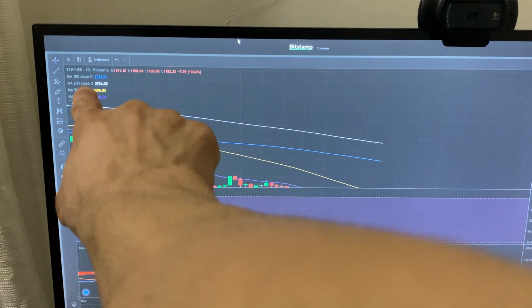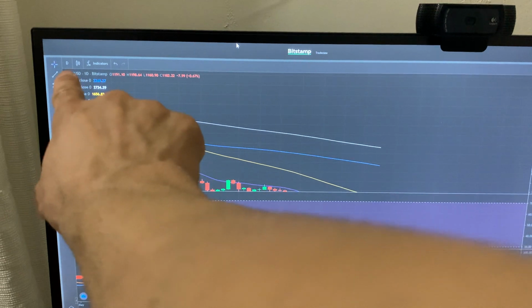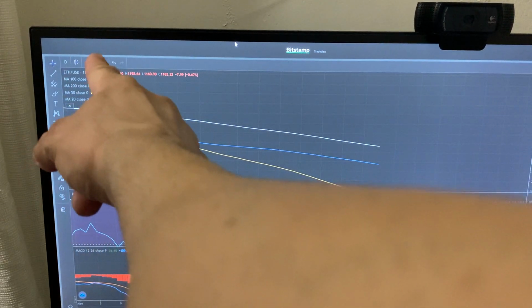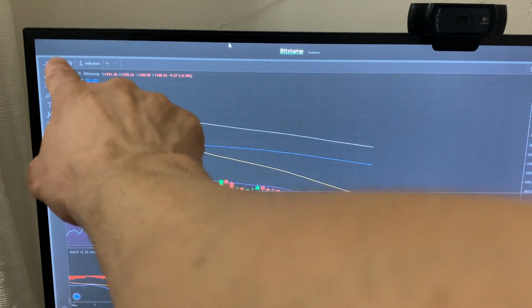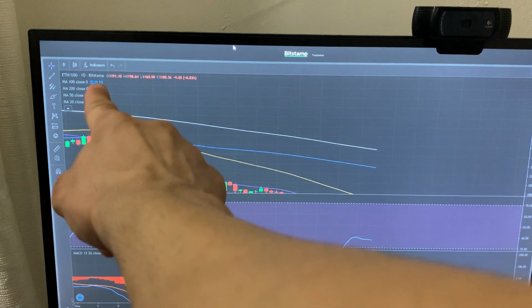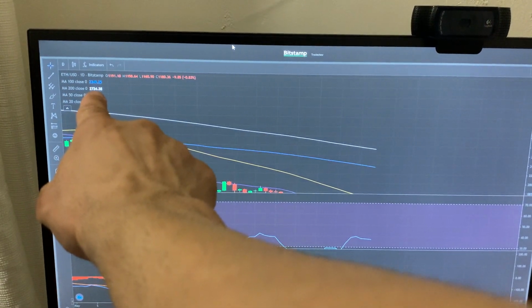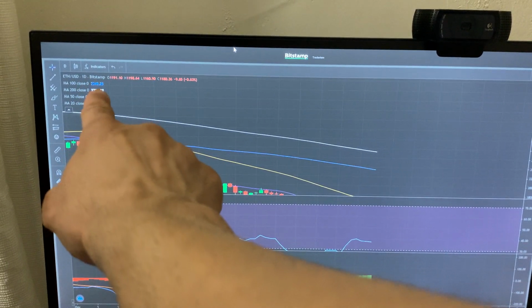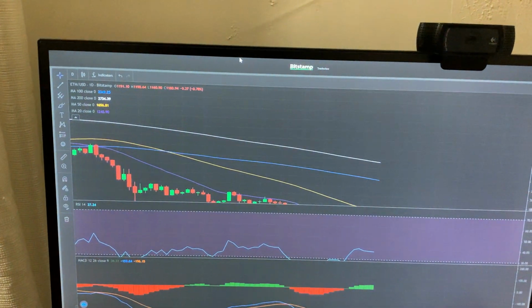Past 1656, it'll go to the 100, which is 2349. After 2349, it'll go to 2734. Those are the real 20, 50, 100, and 200-day moving averages.